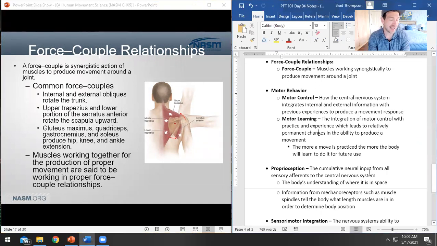So moving slightly out of that, let's take a look at our next concept here, which is force couple relationships. Like I said, every muscle has its opposite on the opposite side of the joint, right? One muscle's pulling, the other muscle is going to lengthen. They're both working.